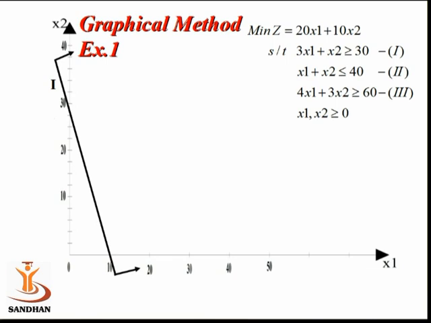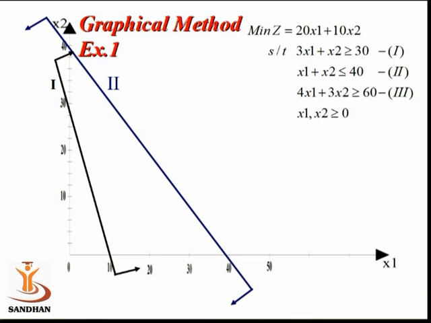Similarly we will proceed for the second equation. We will again take equality here, draw the line on the x1 x2 axis, and observe the area defined by it. So friends, the second line is like this when plotted, and the region below this line is defined by less or equal to 40. Similarly I will go to the third equation, 4x1 plus 3x2 greater or equal to 60.